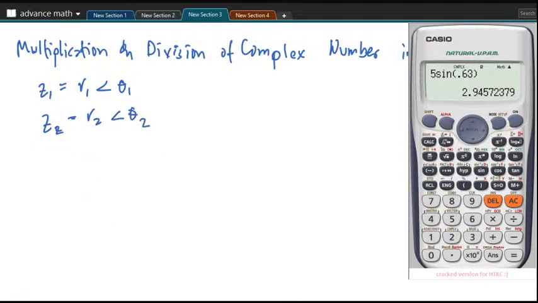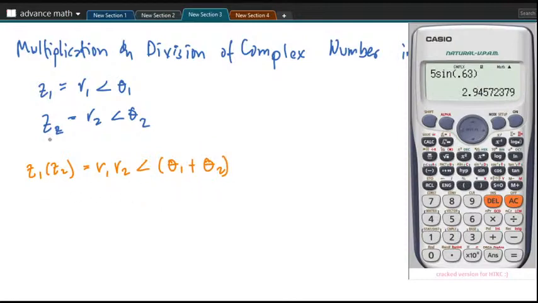If you are going to have z sub 1 multiplied by z sub 2, the formula for that is r sub 1 r sub 2 angle theta sub 1 plus theta sub 2. So this is the formula.